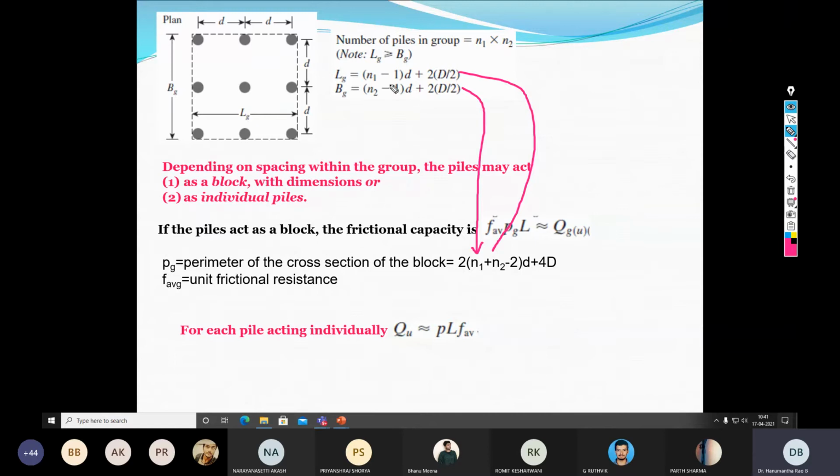The minus 1 plus minus 1 is minus 2. So N1 plus N2 multiplied by D, plus 4 times D, since all the 4 corners will come into the picture, so we take 4 times the pile diameter.